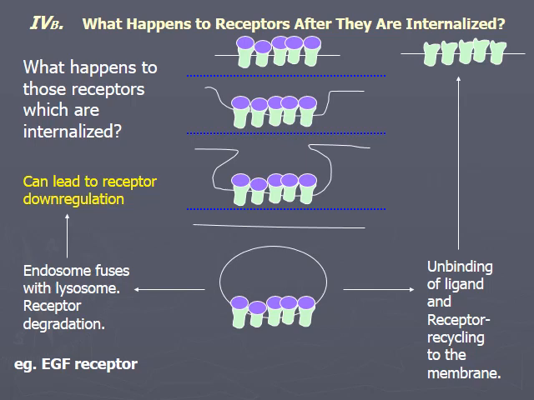In the continued presence of stimulation, receptor tyrosine kinases pinch off into vesicles. So here's that process happening. We're starting to bud off a vesicle, we're starting to bud off more of the vesicle, and eventually we've internalized these receptors into a vesicle.